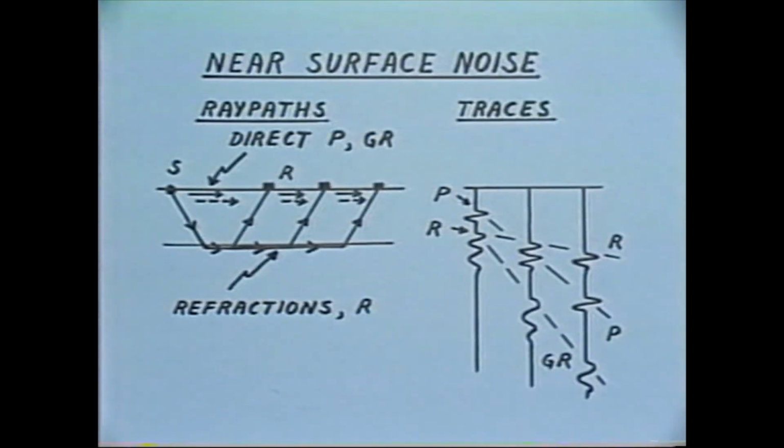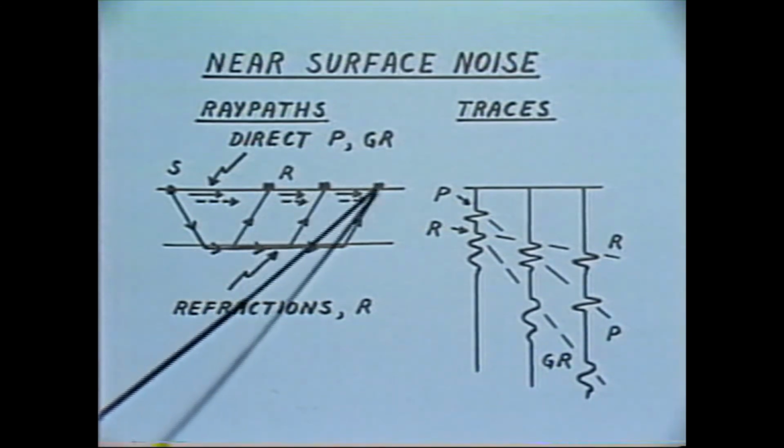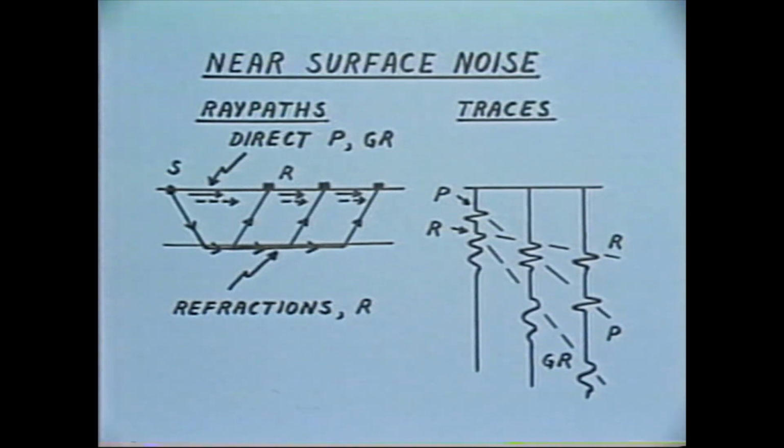Well, just to look a little more closely at those near-surface noise modes, if we have a seismic source on the surface here and several receivers laid out on the surface, then of course we have direct travel paths for energy from the source straight along the surface or just below it to the receivers, and we also have refraction travel paths along some of the higher velocity layers just below the surface.